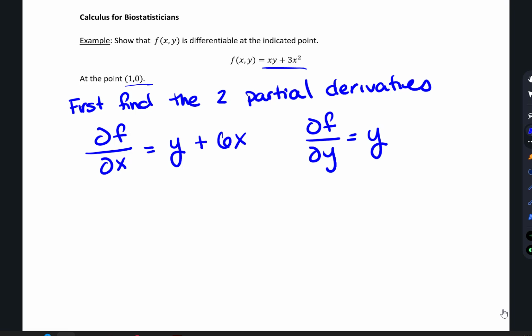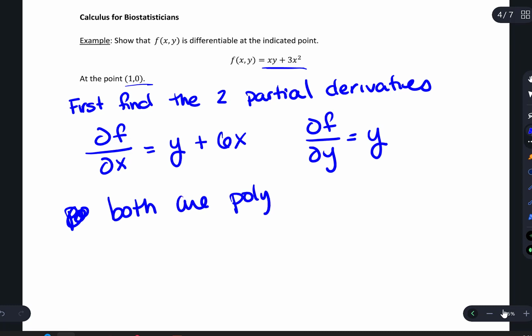So here we could say that both are polynomials and differentiable everywhere.